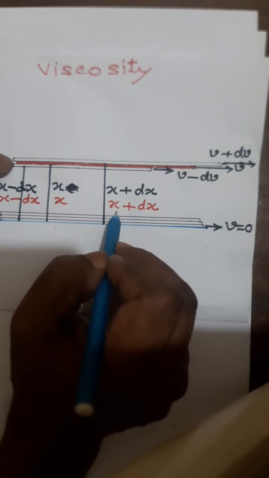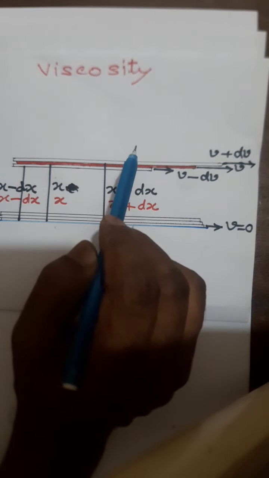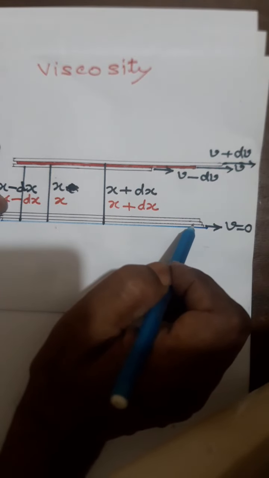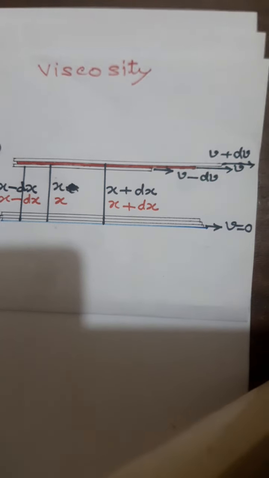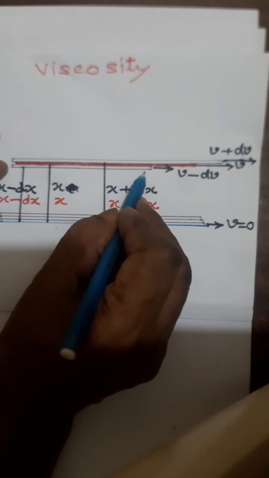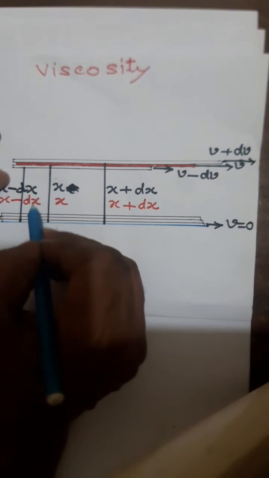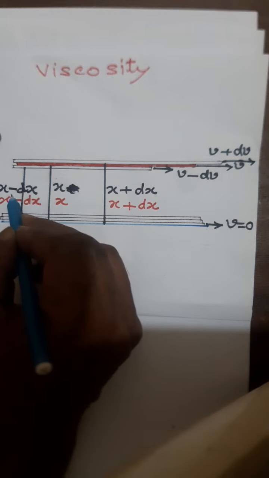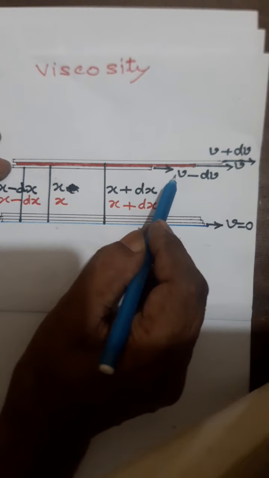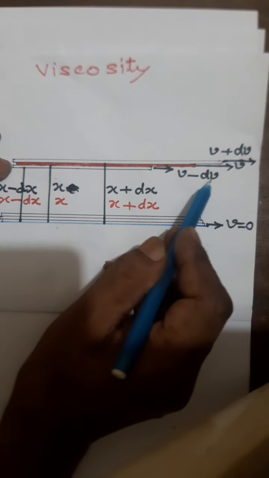The velocity of the upper layers is higher and that of lower layers is low. Its adjacent lower layer is at a height x minus dx with a velocity v minus dv.